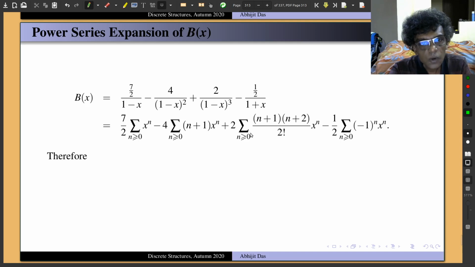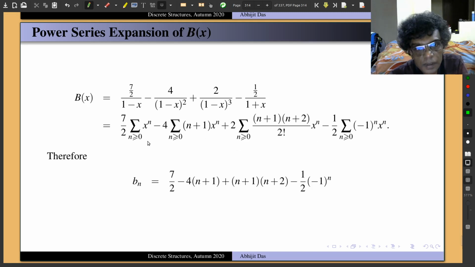Now if I collect all the coefficients of x power n from this series, I will get the value of Bn as, here it is 1, from here I will get minus 4 n plus 1, here I will get this 2 and 2 factorial, they cancel, n plus 1 n plus 2, minus half, minus 1 power n.